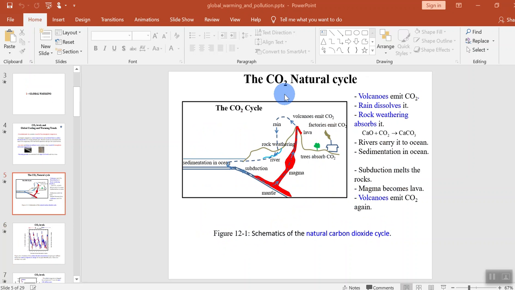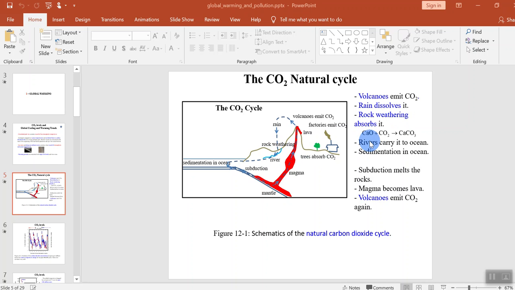So the carbon dioxide cycle, let's go over it very quickly. If you remember, topic B was geology. We went over some of this, subduction and so on. We said that volcanoes emit carbon dioxide, then rain dissolves it. Rock weathering absorbs carbon dioxide.